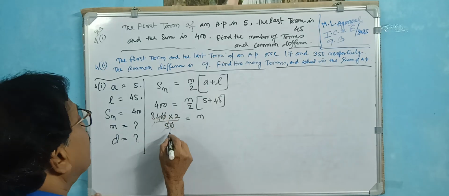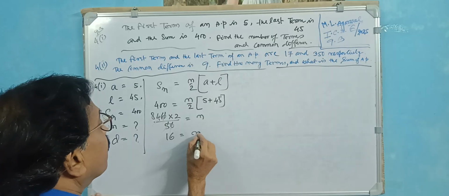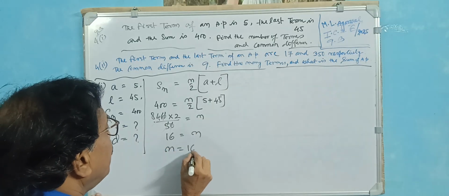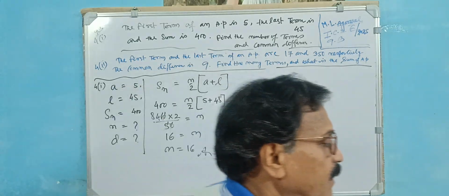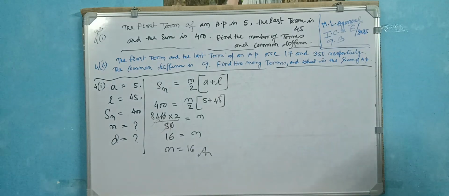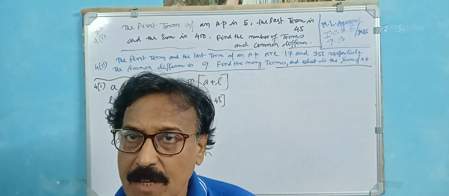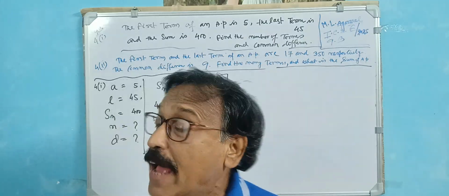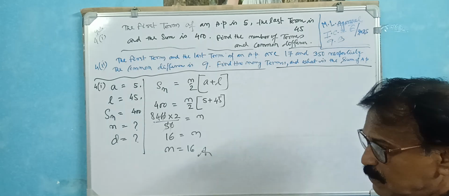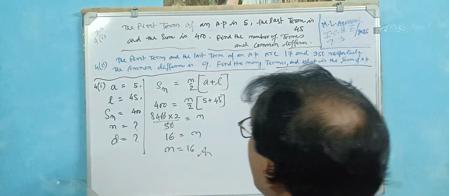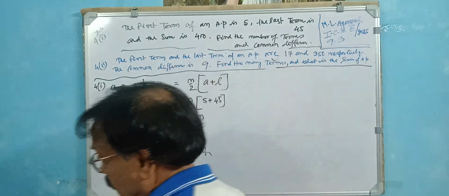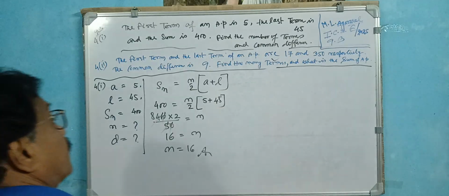So 8 times 2 is 16. So the value of n is 16. Very easy. If the concept is clear, nothing is hard to you. Just be clear on the concept and put the formula in the proper place. Okay, n is coming, the number of terms. Now the common difference.